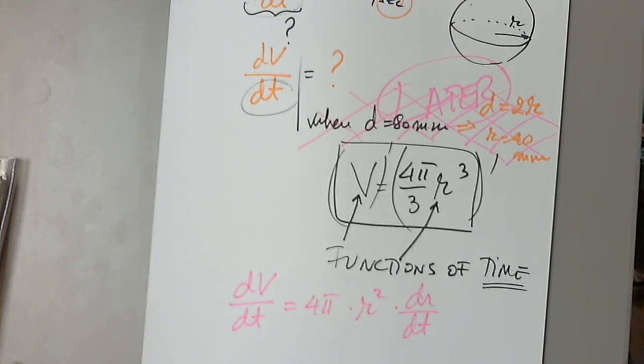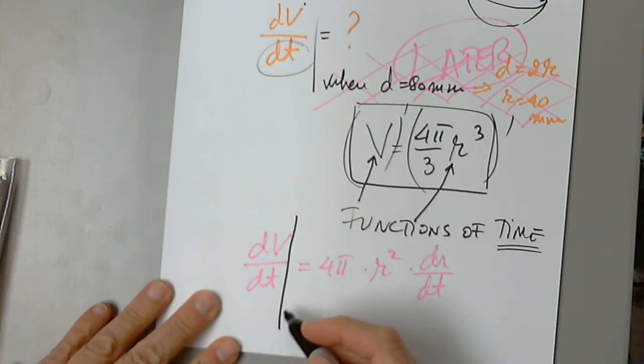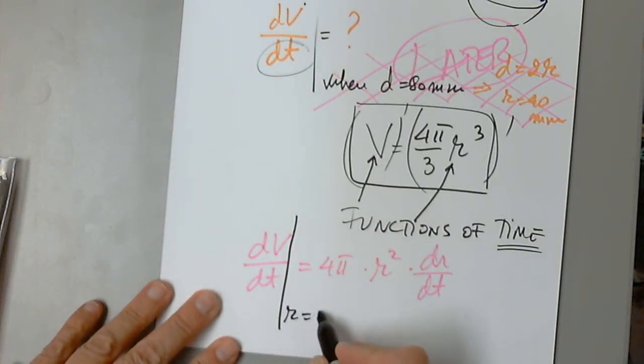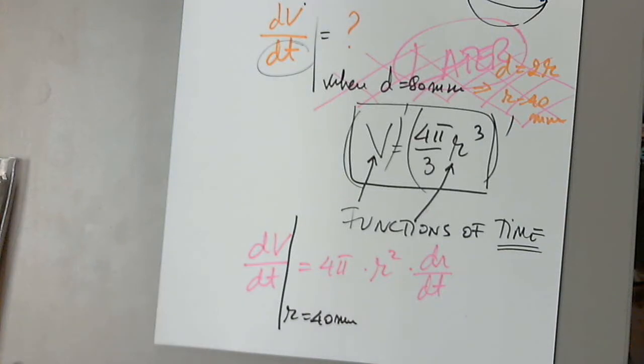So now there is no problem. Now I can say when r equals 40 millimeters, because I'm done. I found the function, I differentiated it, and now I can plug in all the numbers.